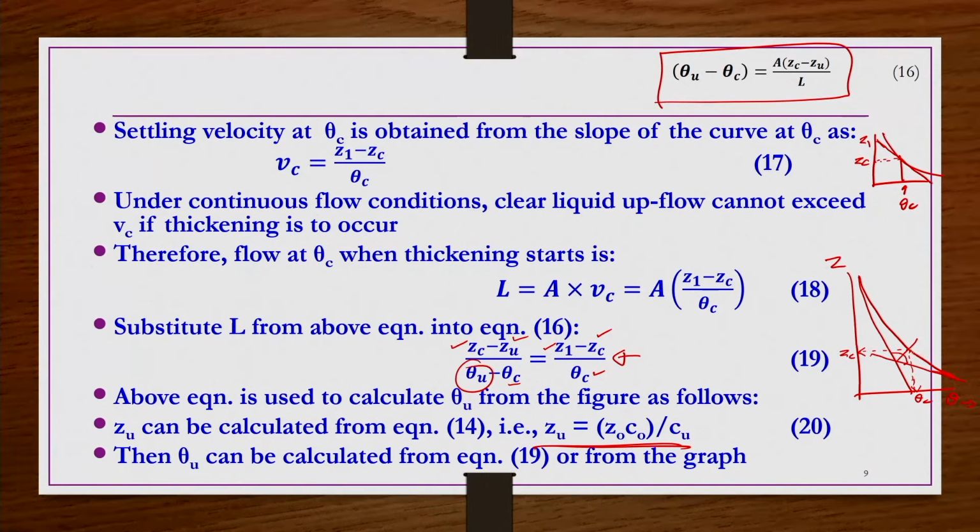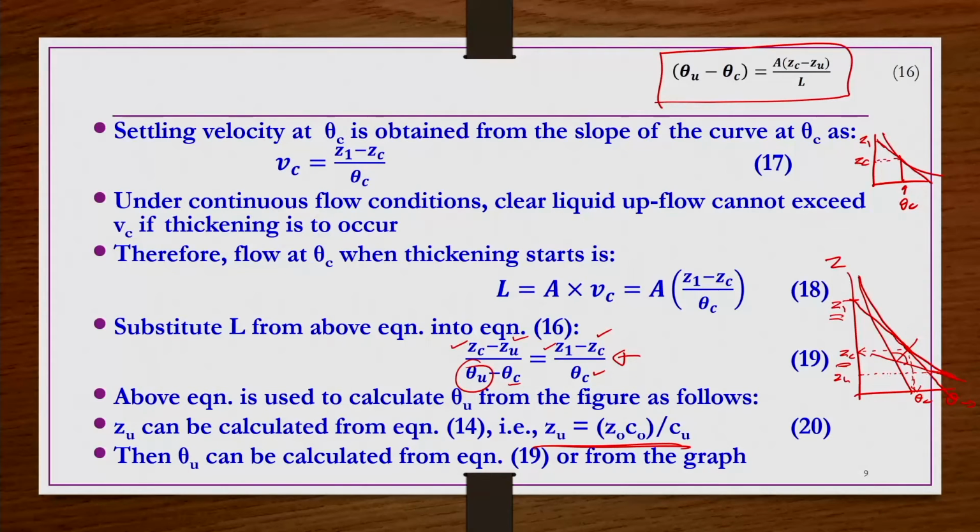If you draw a tangent at theta equals theta c, it intercepts the y axis line at some point, that is Z1. So Z1 is known, Zc is also known. If you know Zu, at that Zu you draw a constant horizontal line like this.